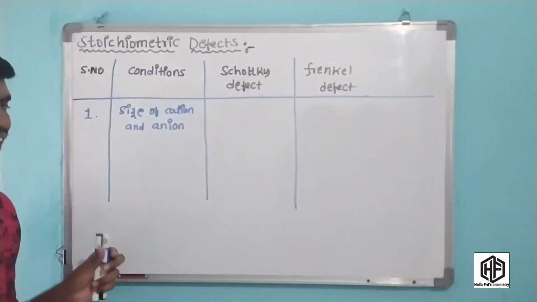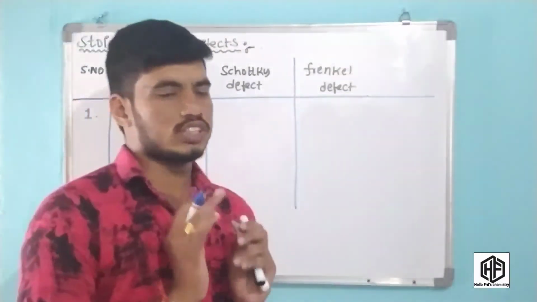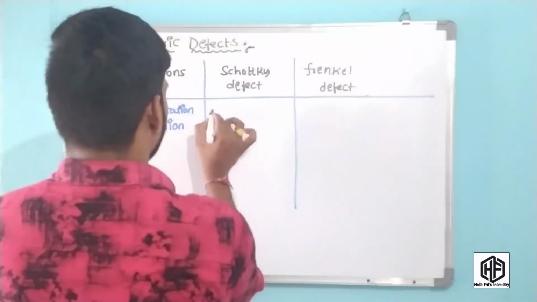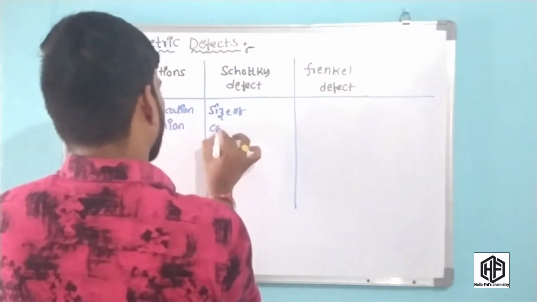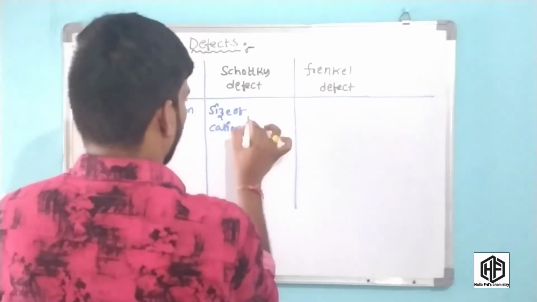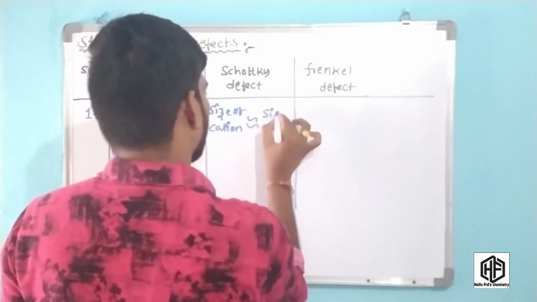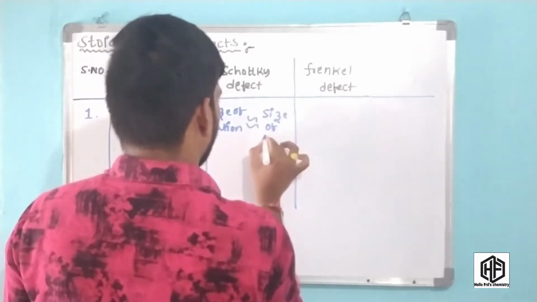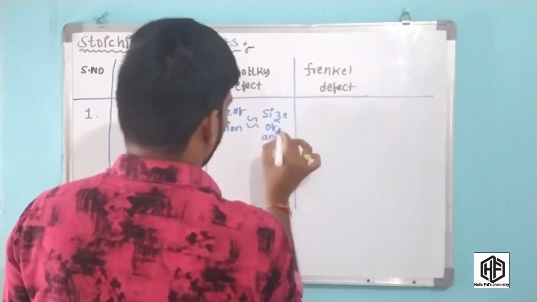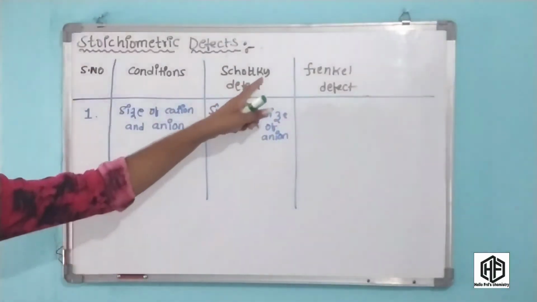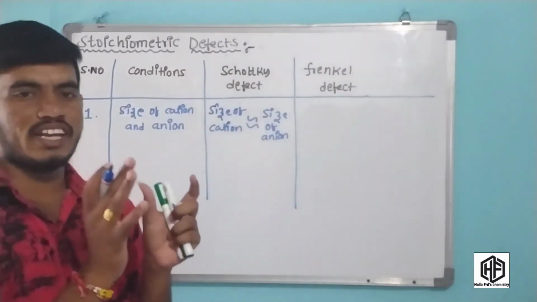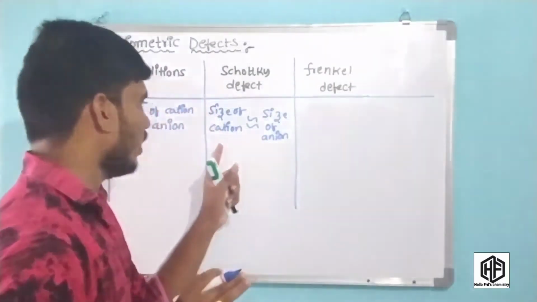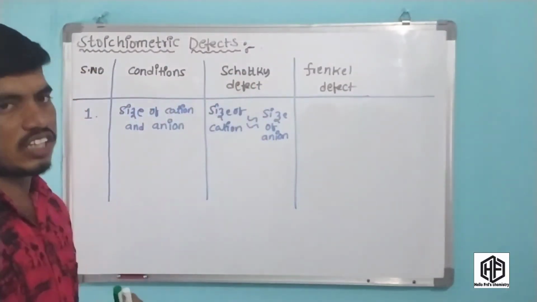The size of cation and anion is similar. Okay, friends, in Schottky defect the size of cation and size of anion are both equal. It means similar size of the cation and anion in the Schottky defect.